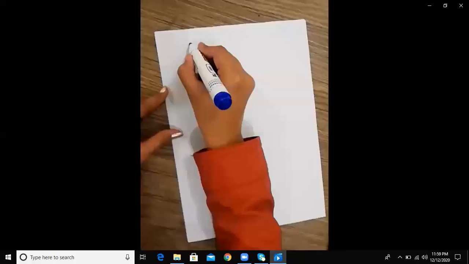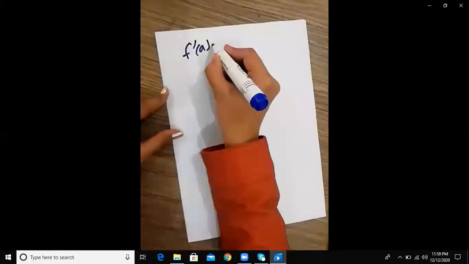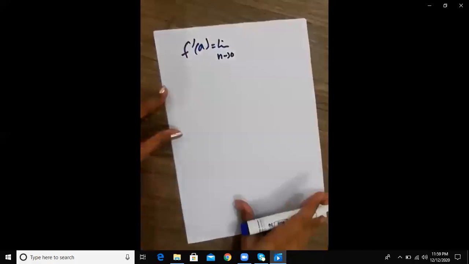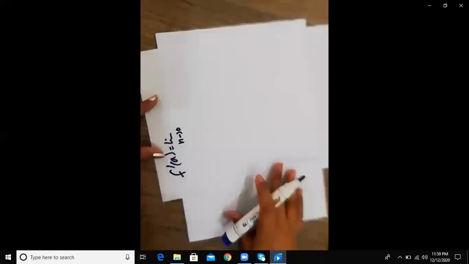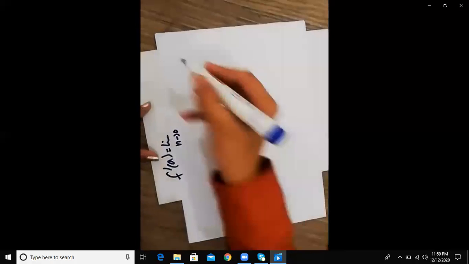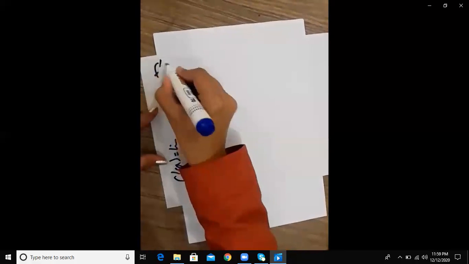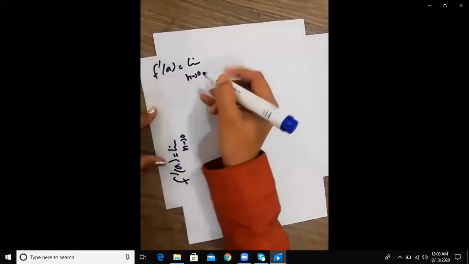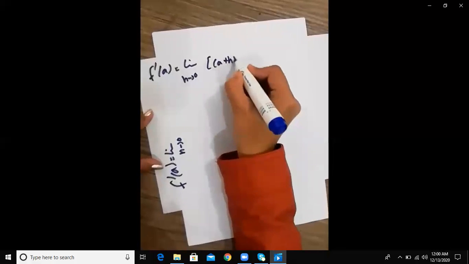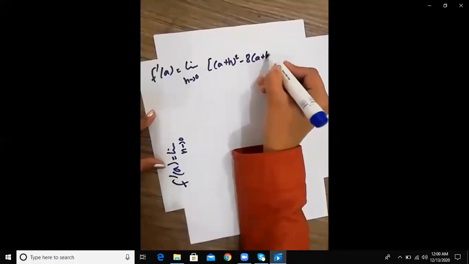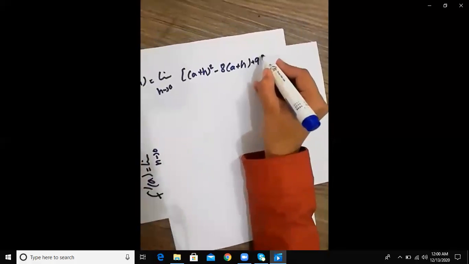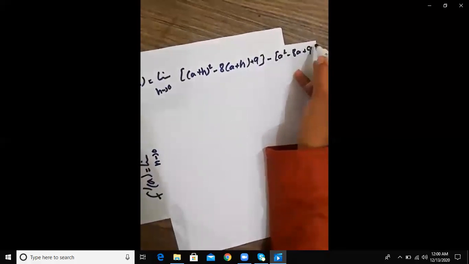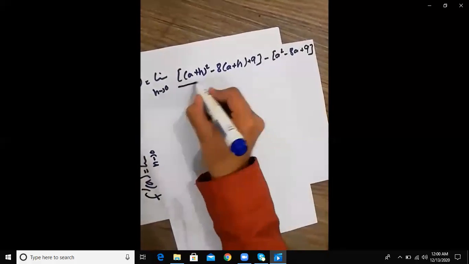Now we will put these two values in the definition. So f prime of a is equal to the limit as h approaches 0 of f of a plus h, which is a plus h whole square minus 8 into a plus h plus 9, minus f of a, which is a square minus 8a plus 9, whole divided by h.